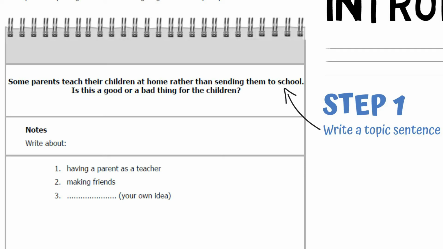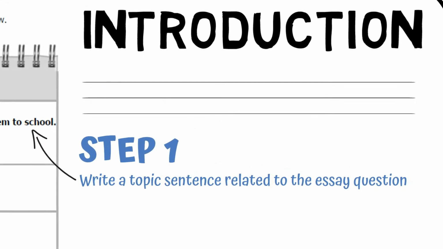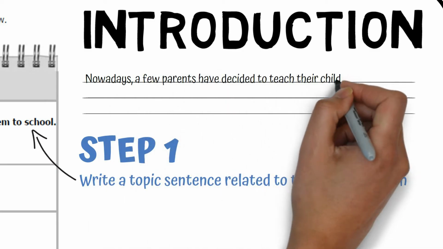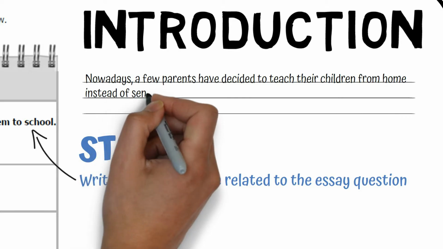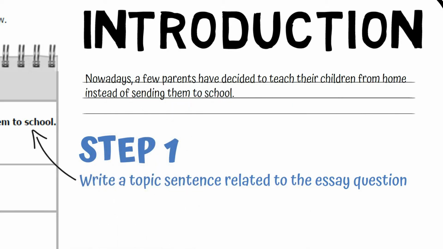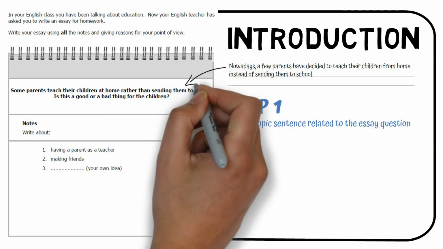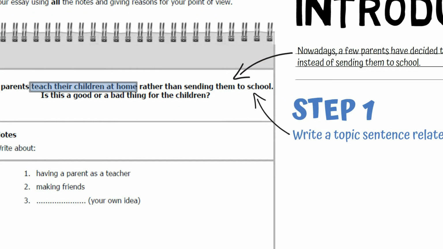So, you need to write a sentence introducing this topic. For example, nowadays a few parents have decided to teach their children from home instead of sending them to school. As you can see, I have introduced the topic.